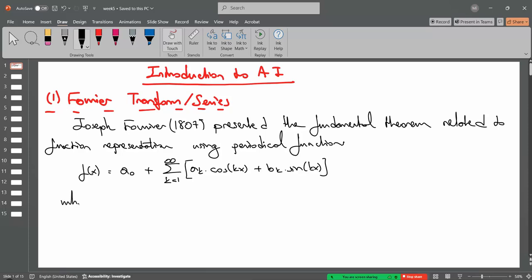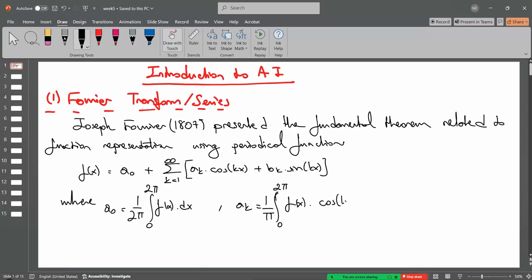And also a0 can be represented with 1 divided by 2 pi, the integral from 0 to 2 pi, the full period, of f(x) dx, okay? And also ak can be represented with 1 divided by pi, the integral operator from 0 to 2 pi of f(x) times cos kx times dx.